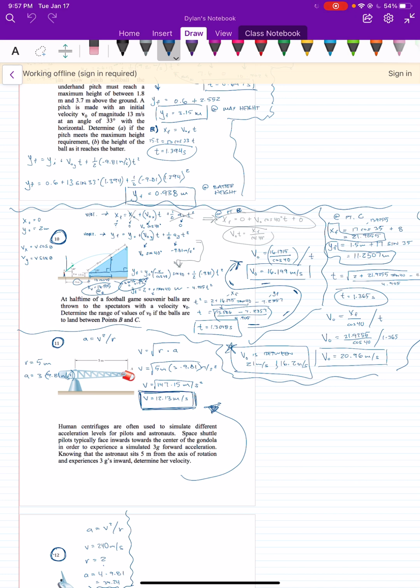Number 10. This one was kind of a process. Basically, since there's no acceleration in the horizontal direction from gravity, there's only acceleration in the vertical component. I was able to use the horizontal kinematic equation listed there and was able to solve independently for all of the inputs of that, because my vector is at an angle, so I had to find my x and y components of that.